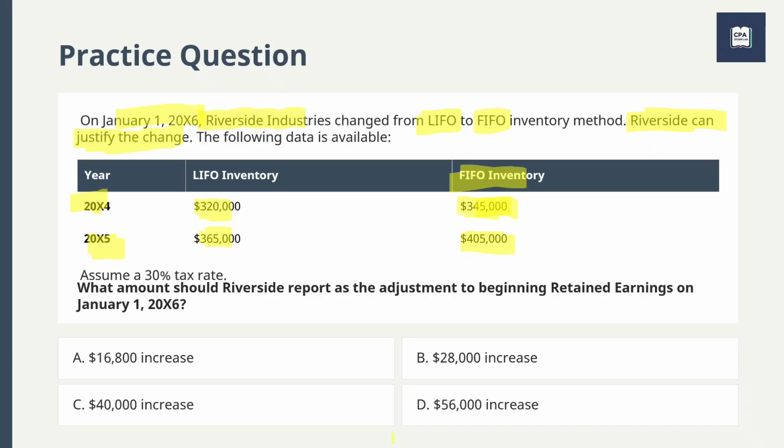One other thing you need to pay attention to here is that they make this change in year 6, and they are giving us the two previous years' information. They have a 30% tax rate, and it is asking how much adjustment they need to make to the beginning retained earnings. This is a very similar question to the one we did earlier. I'm going to give you a couple of seconds, and on the next slide, let's do it together.